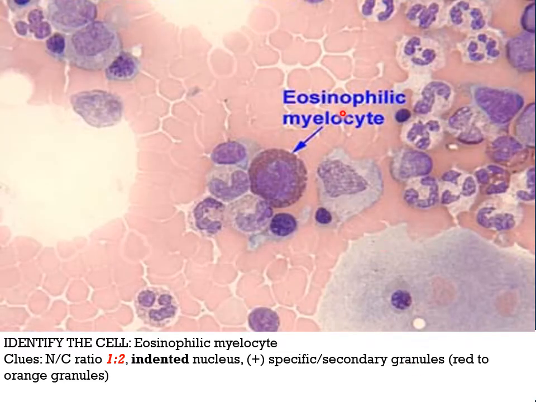Okay, next. Another example of myelocyte. This time, mas malalaki kasi ang granules nito, no? Kaya medyo hindi niya ma-appreciate yung ating indentation area. Pero, ang mas dito is yung granules na kulay red. So, ang granulocyte lang na may red granules is eosinophil. Okay?